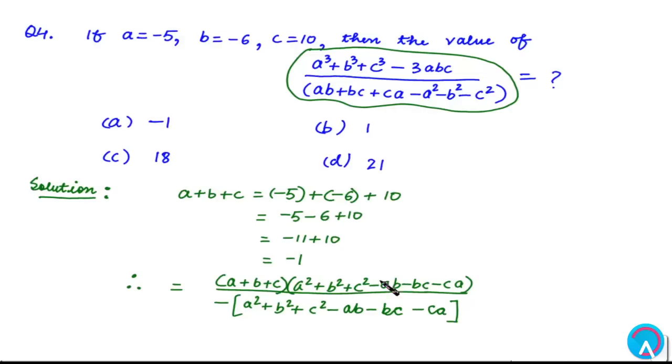So these two will get cancelled, as we can see that the two are getting cancelled, and we are left with minus a plus b plus c. So that is minus of minus 1 equal to 1 only. So option B is the correct option here.